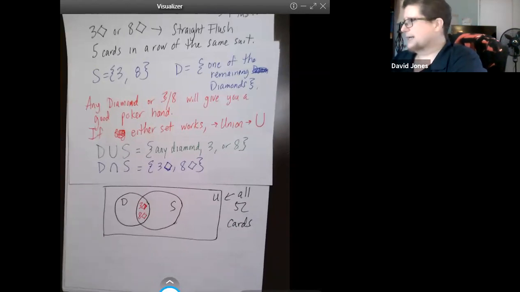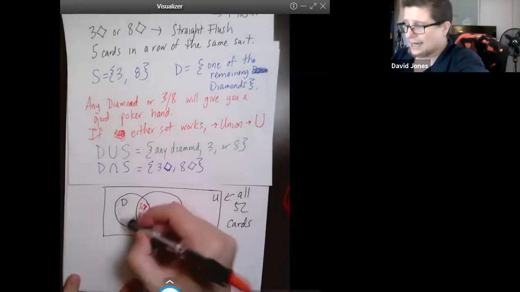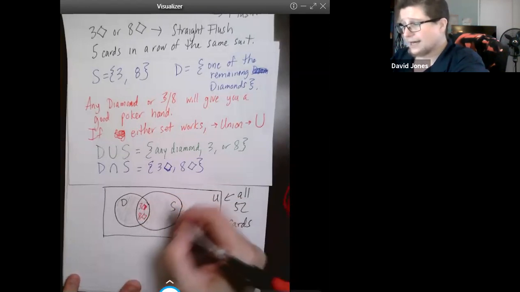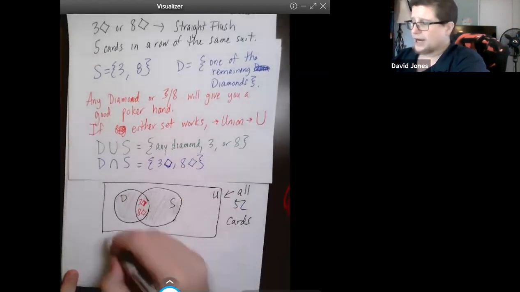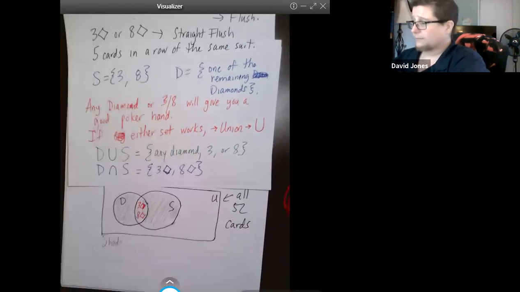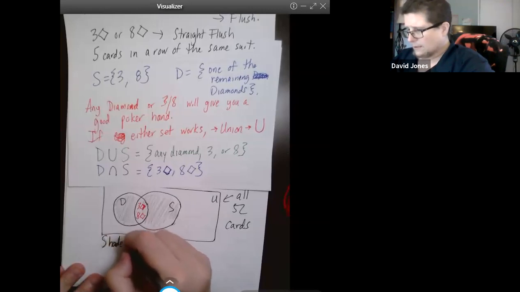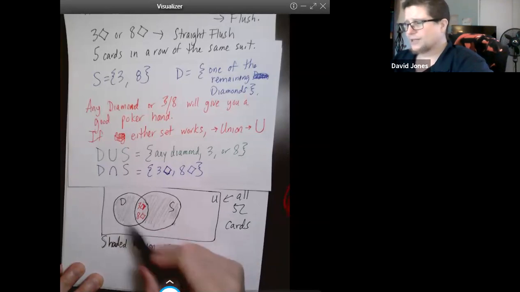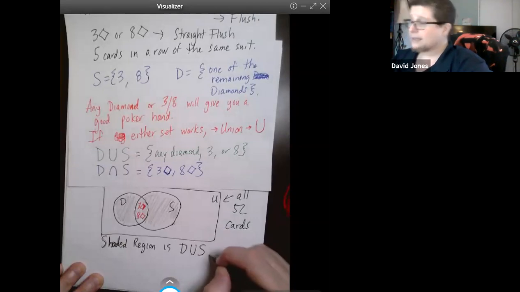Sometimes they use shading to indicate what you want. If I shade both the D and the S, the shaded region is what we want. It's showing both D and S and where they overlap. That is D union S.